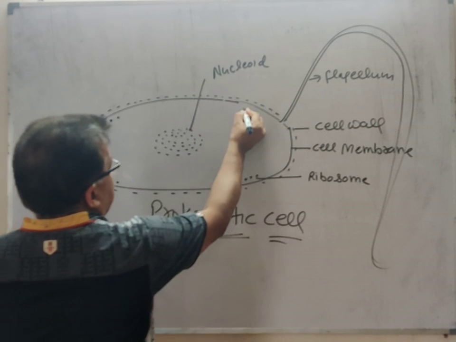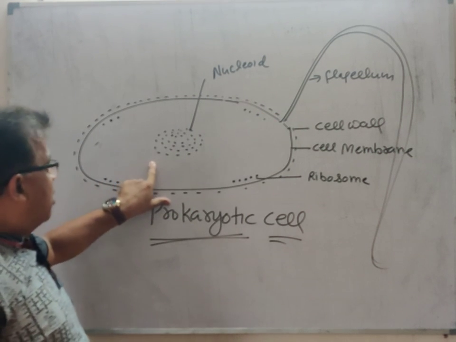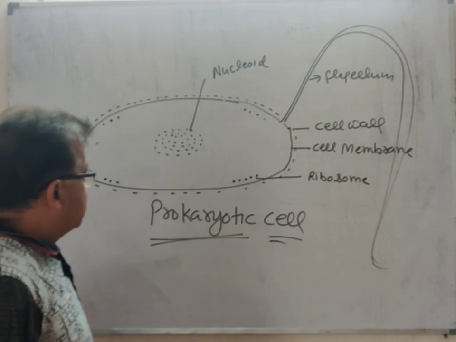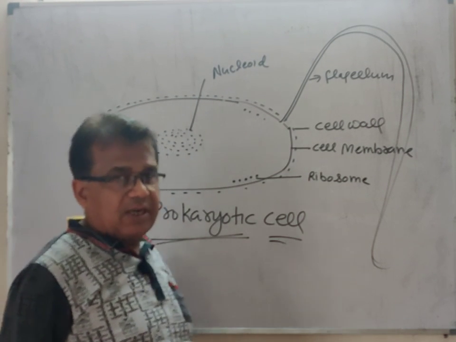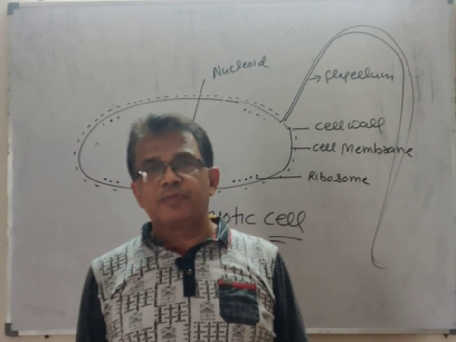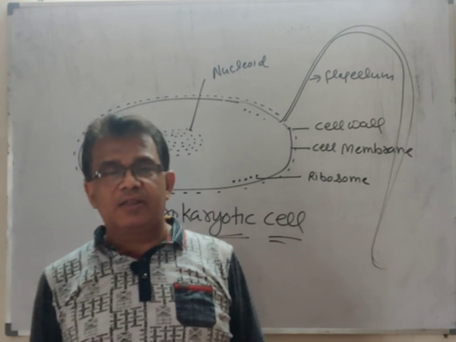In center nucleoid which is a poorly developed nuclear region is present. So this was about the nucleus and types of organism. In next class we shall study about various components or organelles found in the cell. Thank you.